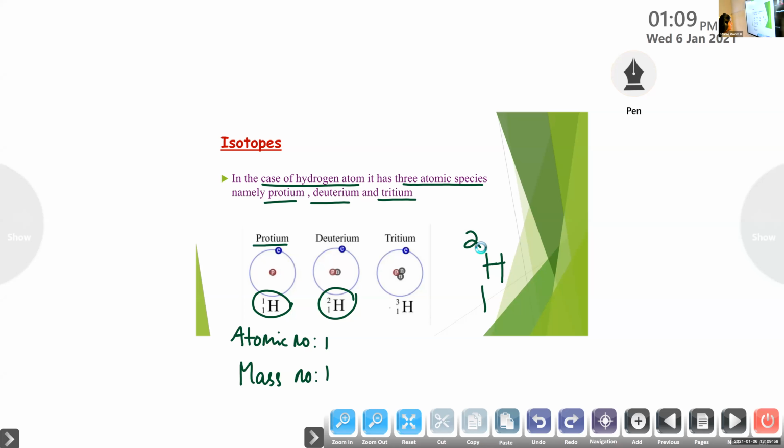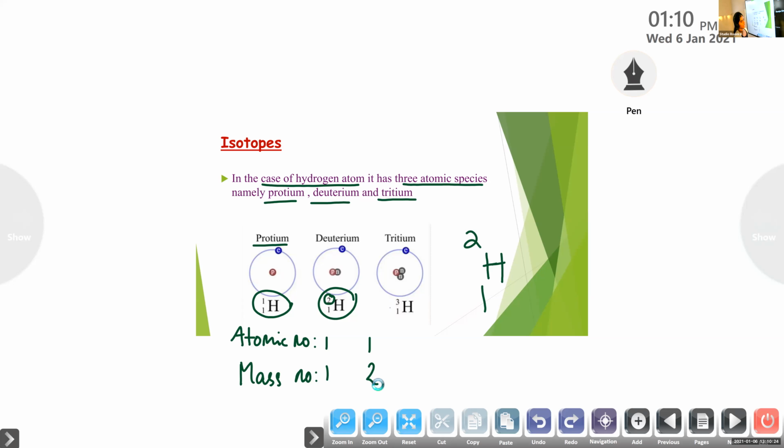Yes, ma'am. Atomic number of deuterium. Look at this symbol and tell me. 1. Yeah, it's 1. What about the mass number? 1, 2. No, 2. This one is the mass number. It's 2. Okay.